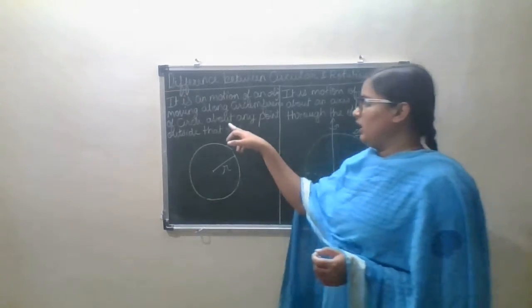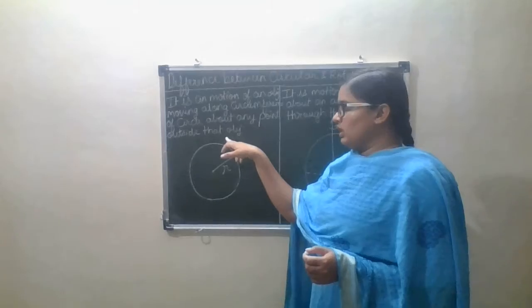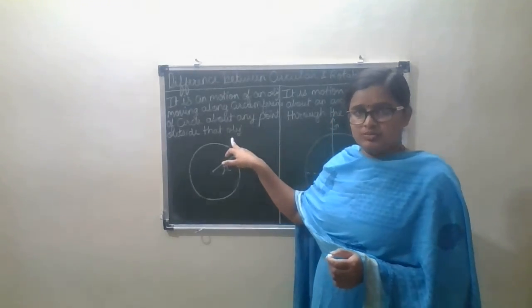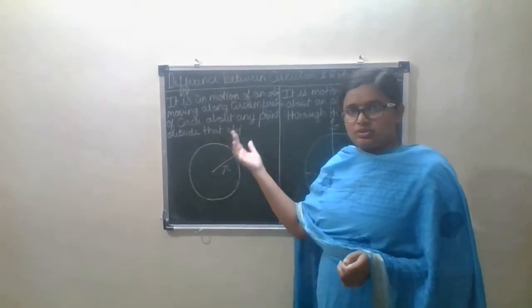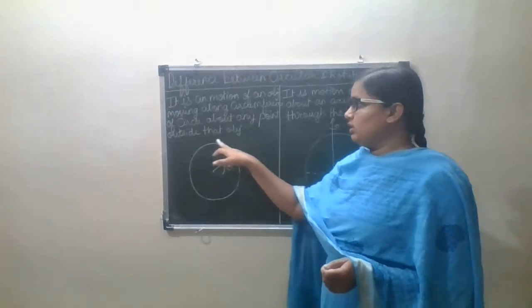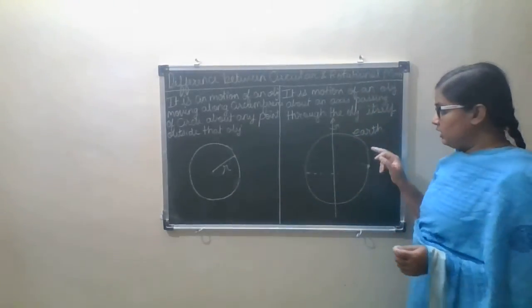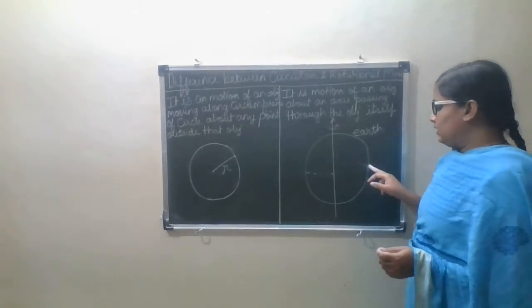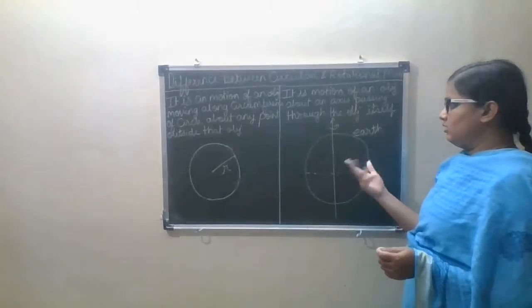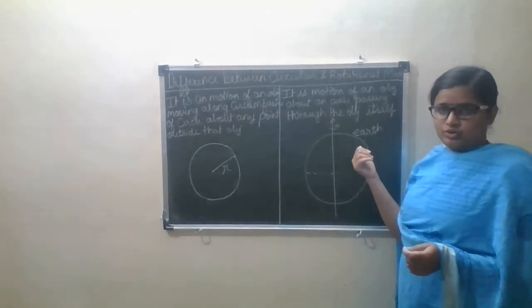Here, in circular motion, the object which was moving was outside, moving only along the circumference of the circle. But here the particle is rotating like this about an axis. So this is called a rotational motion.